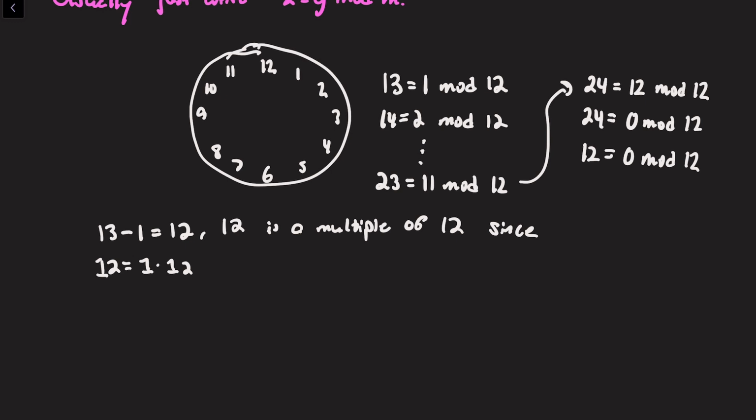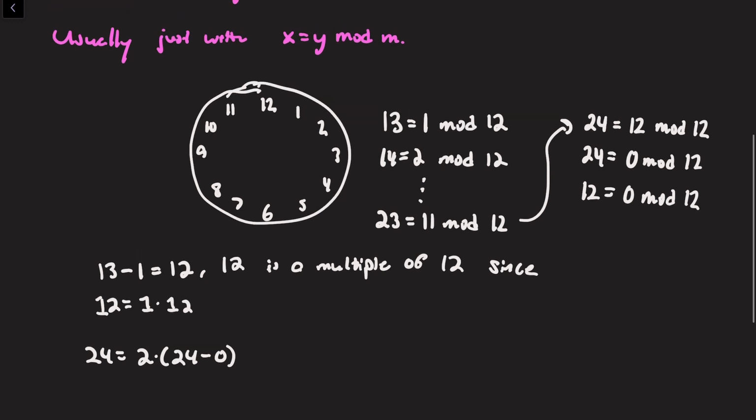For instance, 24 equals 2 times 12, and 24 minus 0 is 24, so we're good there. So this is kind of our archetypal or exemplary example of modular arithmetic. We might cheekily refer to this as clock math.